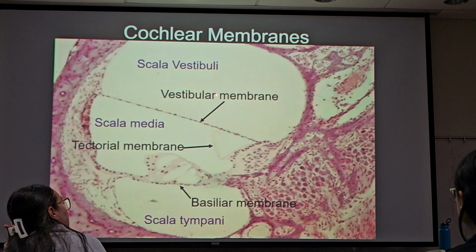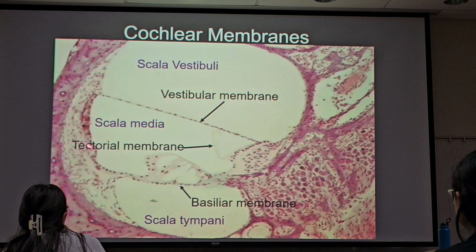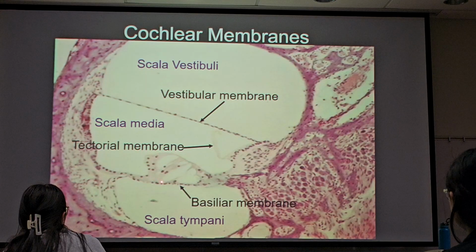Let's do it again. Scala vestibuli, scala tympani. Let's knock those out. Now let's go to where the fun stuff happens. Scala media. The ceiling of scala media is that vestibular membrane. The floor of it is the basilar membrane.